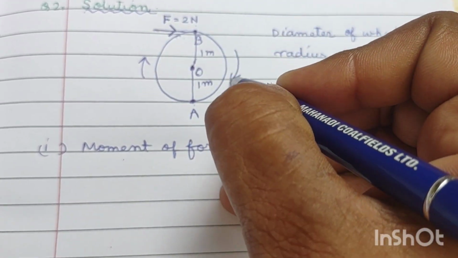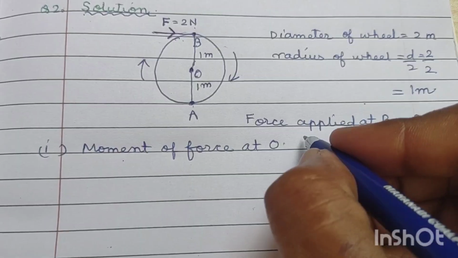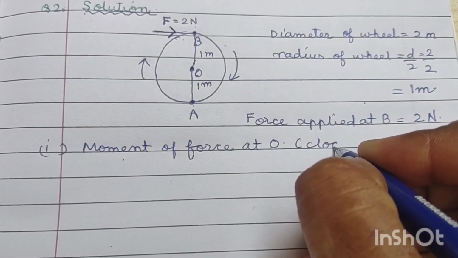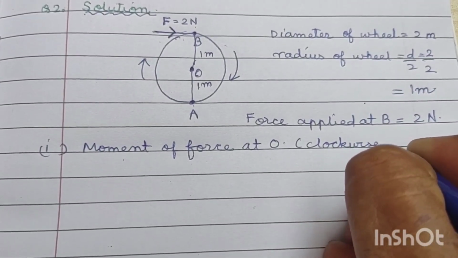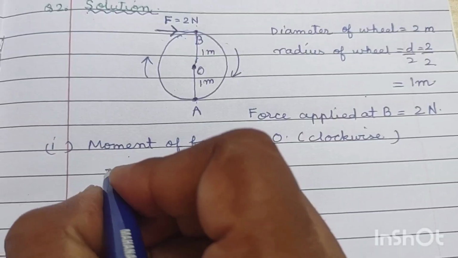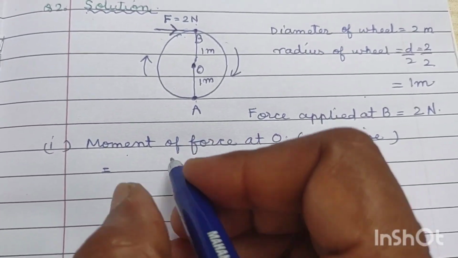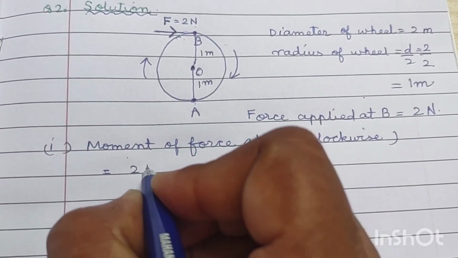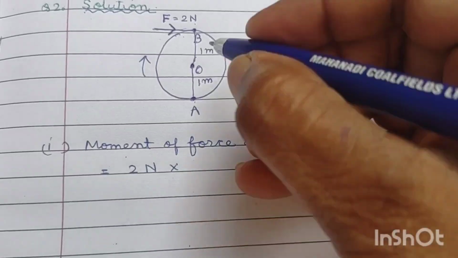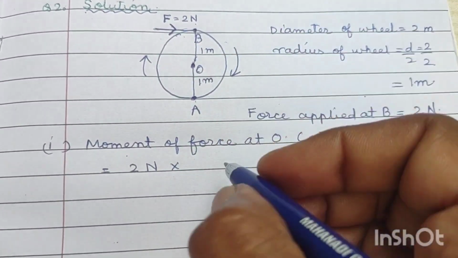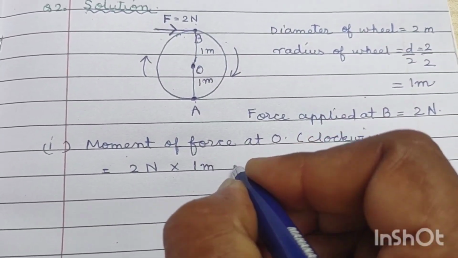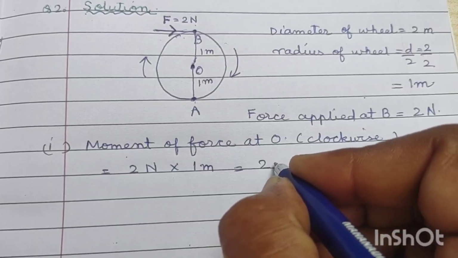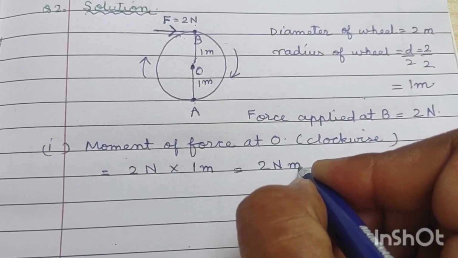So this will turn this way, so it's clockwise movement, and the formula is force into distance. So force is 2 Newton and distance from B to O is 1 meter, that is the radius. So it is 2 Newton meter.